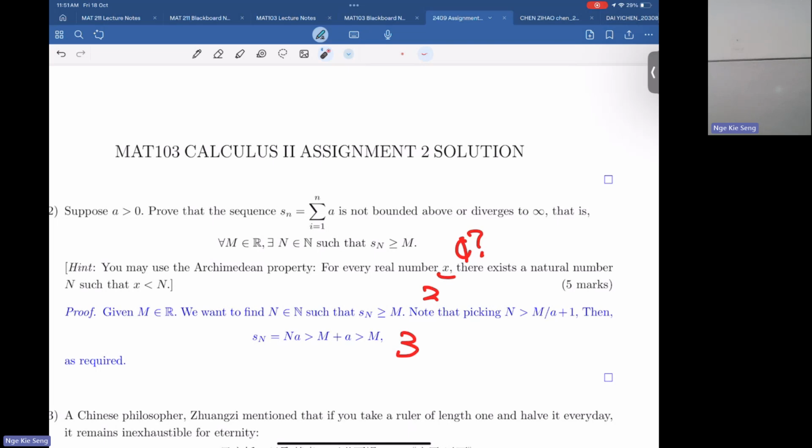So meaning what? For all comes first, meaning you need to start with any M first. Take an arbitrary M, and then find the N. How to find it? Don't go and find it first. Go and see what you want to prove first. So you need to satisfy this first.